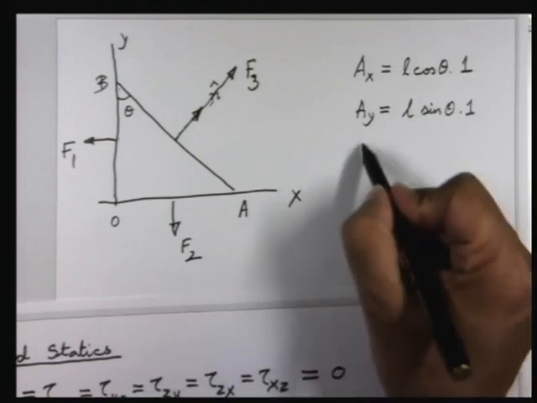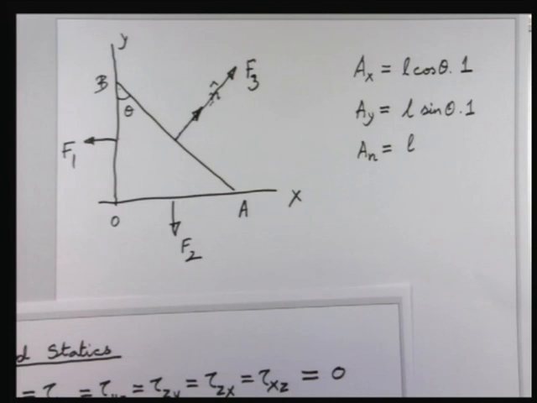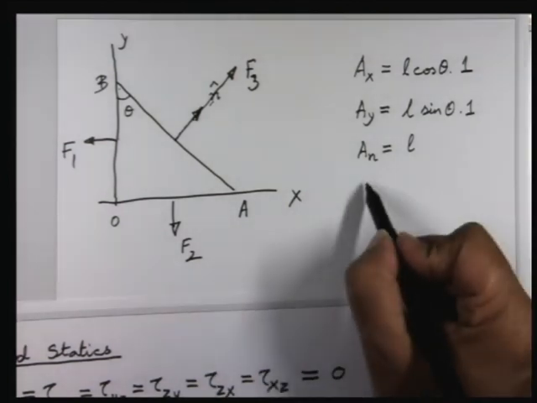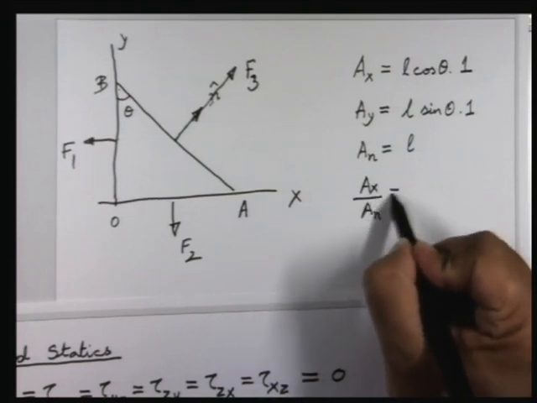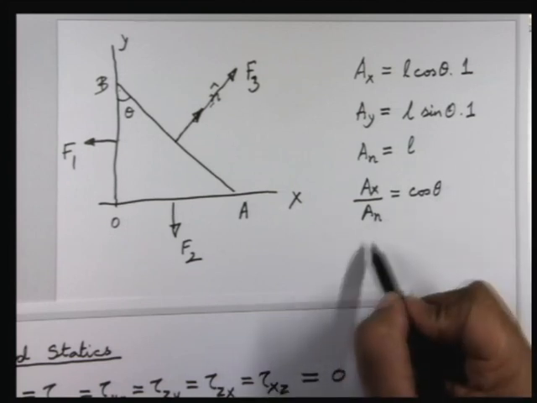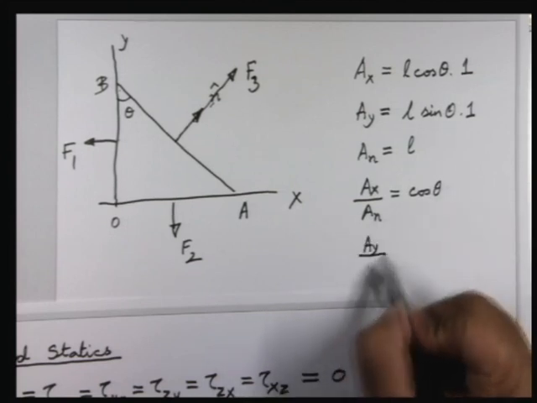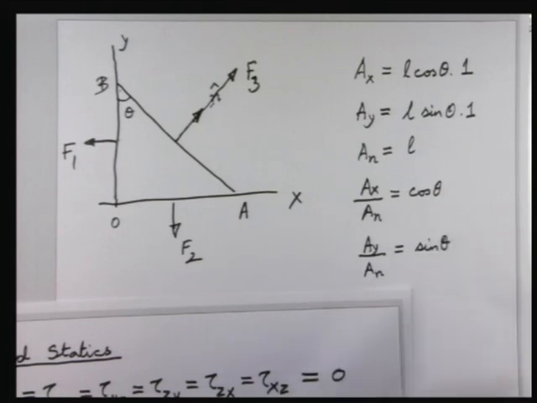And AN, which I wrote earlier, I am writing here for convenience again, is L. So you see that AX by AN is cos theta, and AY by AN is sin theta. Now, since the surface forces are proportional to the area, we are looking at the areas.